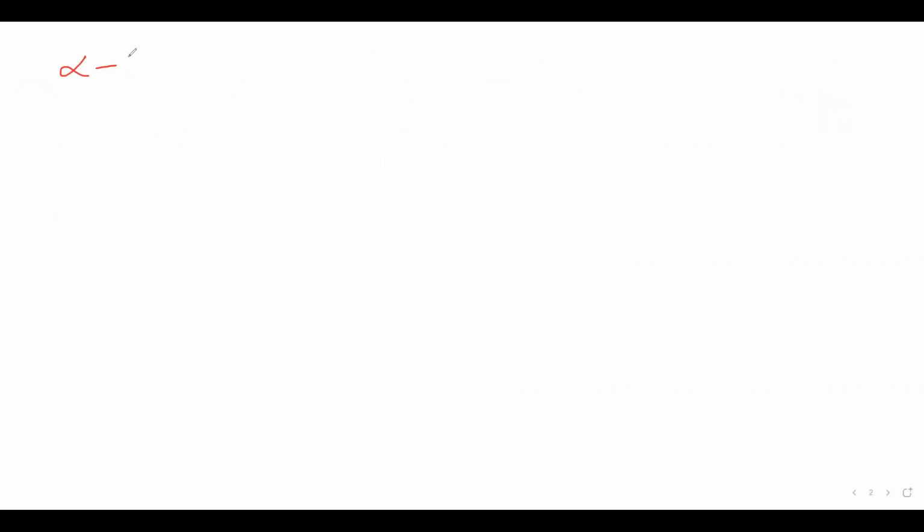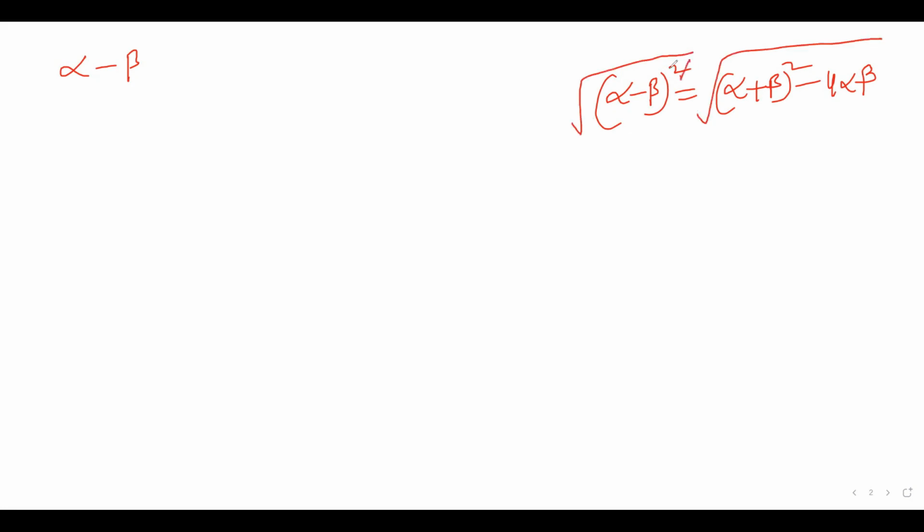So to find alpha minus beta, let us take a relation like alpha minus beta whole square is equal to alpha plus beta whole square minus 4 alpha beta. On applying roots on both sides, square and root will get cancelled.